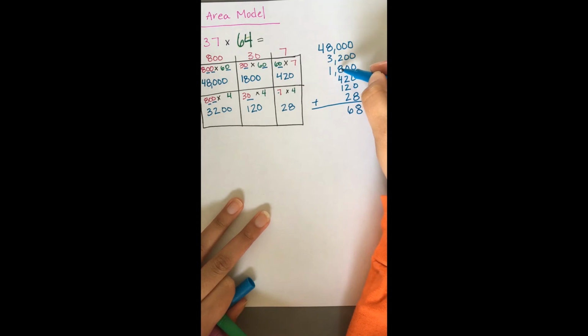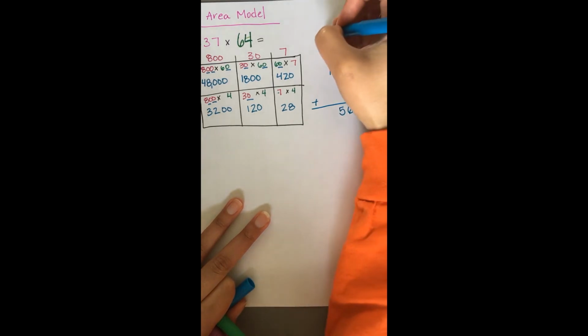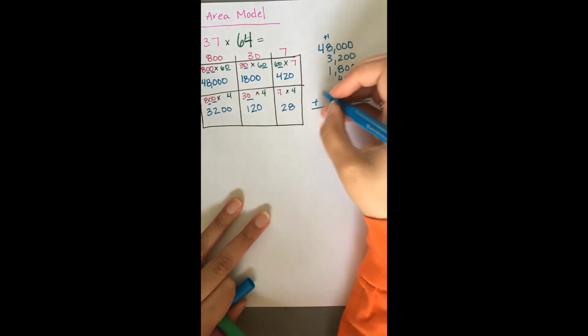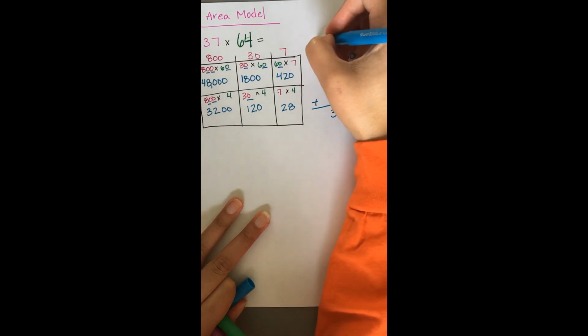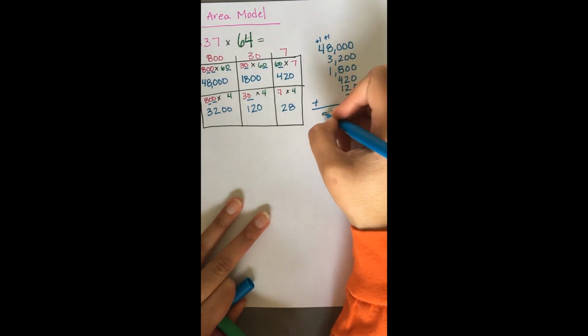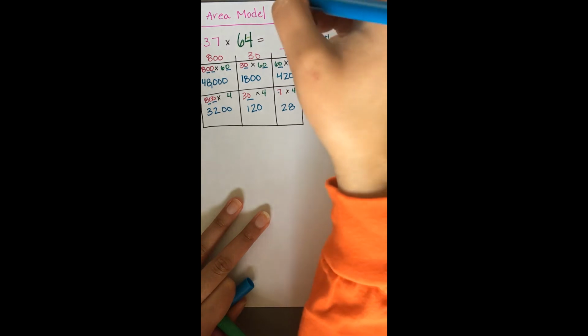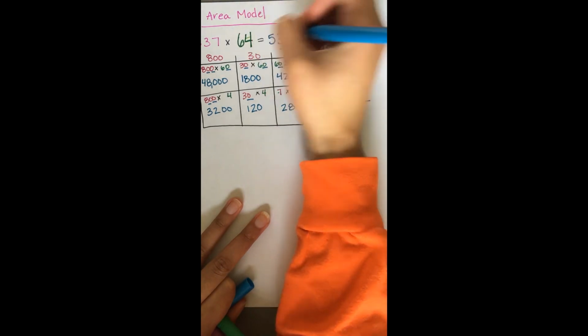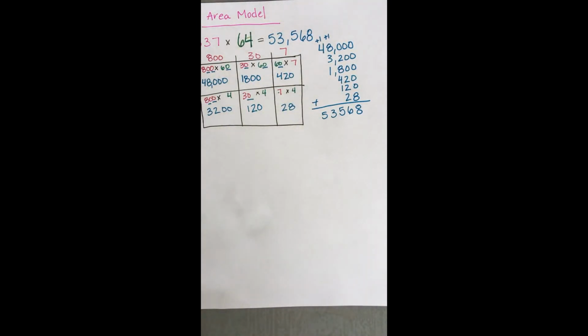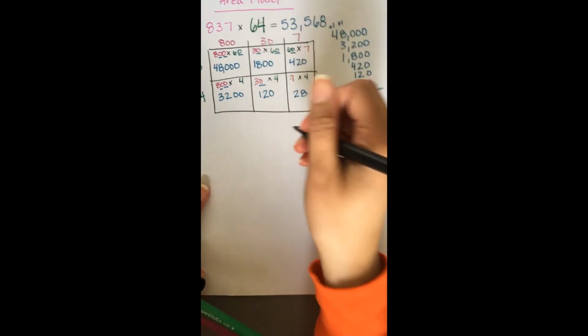We're going to go 2 plus 8 is 10, plus 4 is 14, plus 1 is 15. We're going to regroup and carry our 1. We're going to go 1 plus 1 is 2, plus 8 is 10, plus 3 is 13. Regroup and carry our 1. We're going to go 1 plus 4 is 5. And so our answer is 53,568.